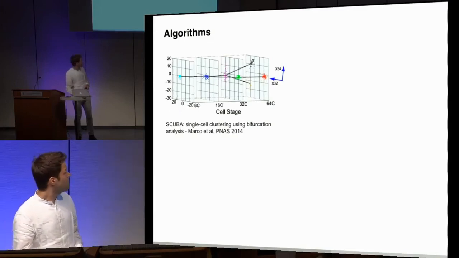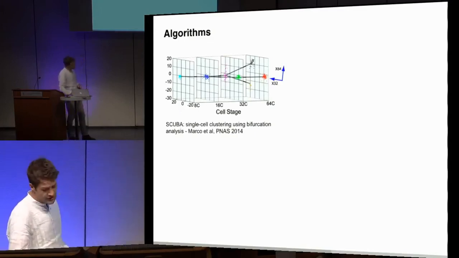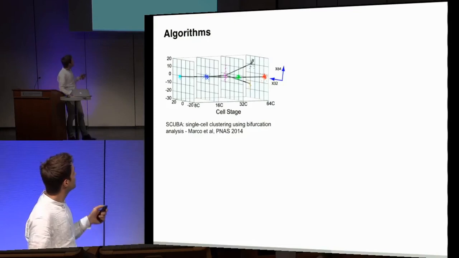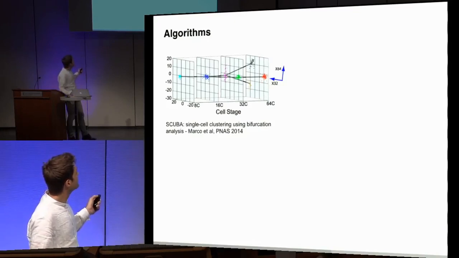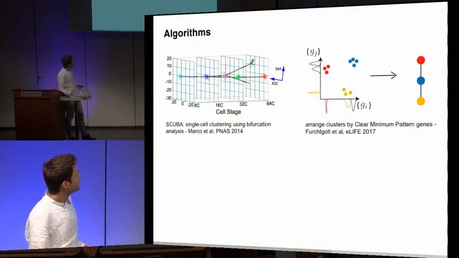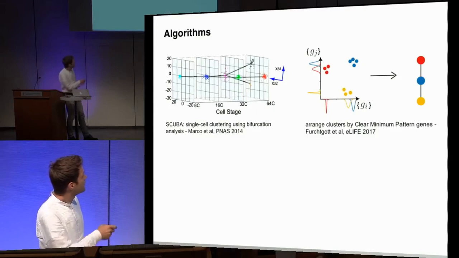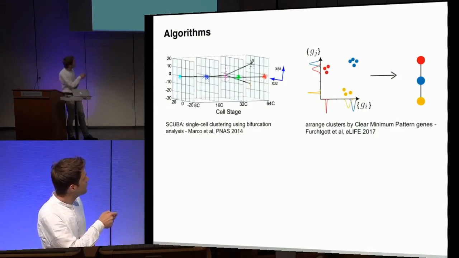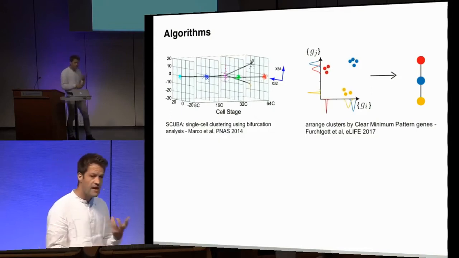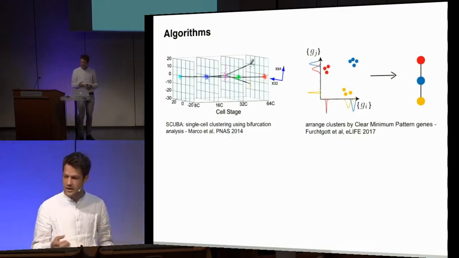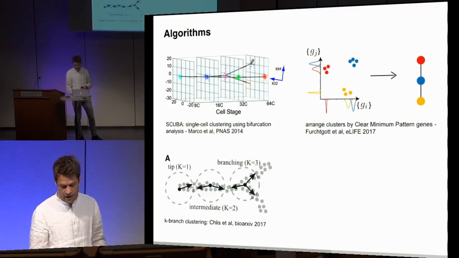Then just a bunch of additional ideas. Scuba was just trying to learn, with actual time points, some type of bifurcation structure. Similarly, this idea of clear minimum patterns, which I think would be quite nice for also working on lineage tracing data, where cells were compared by the number of patterns or particular specific phenotypes that they're acquiring.